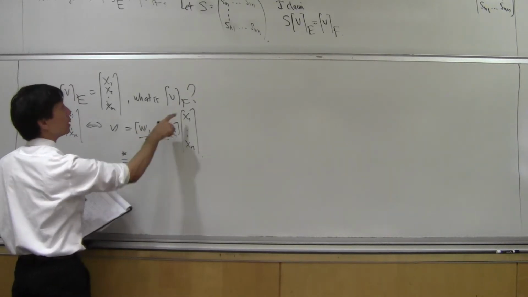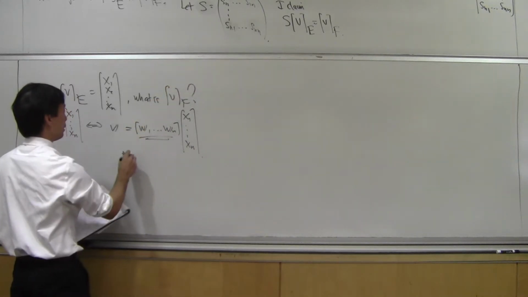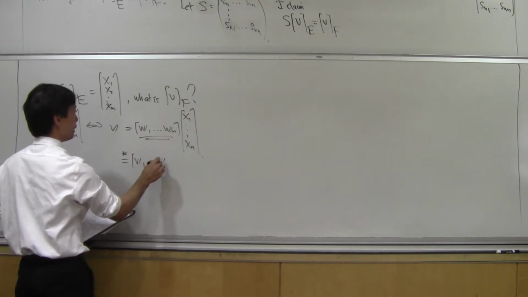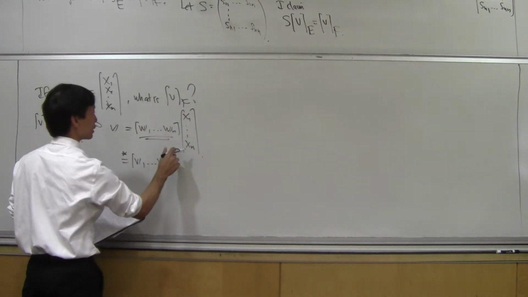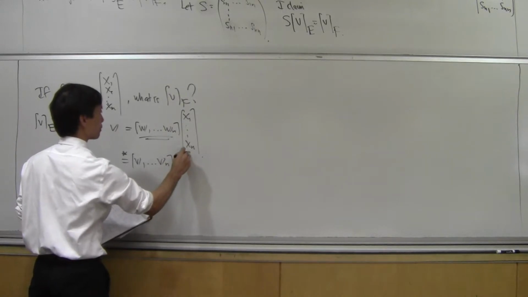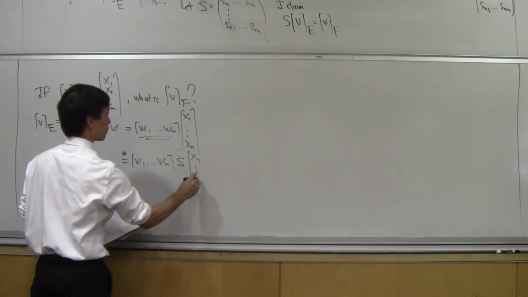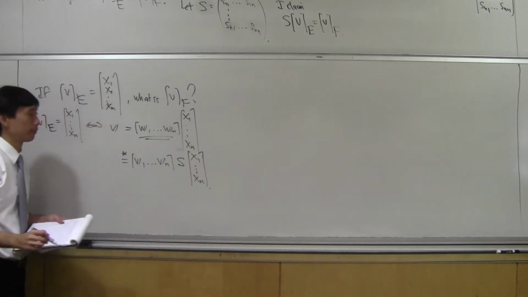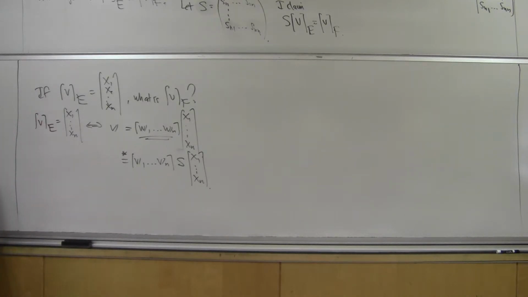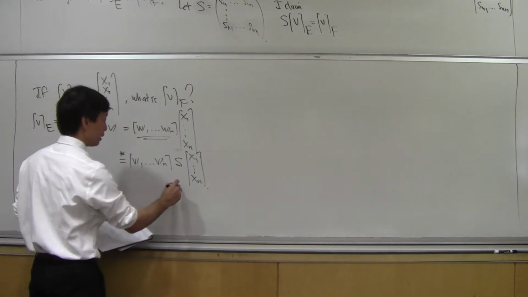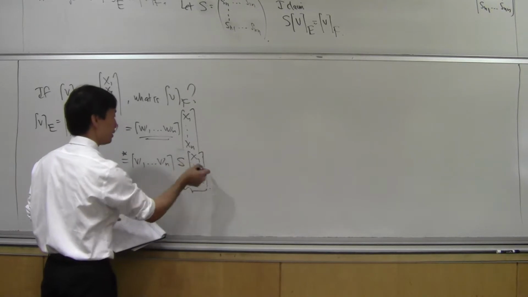I'm going to replace W with the thing on the right, V1 to Vn times the S matrix. But this thing here is S times this.